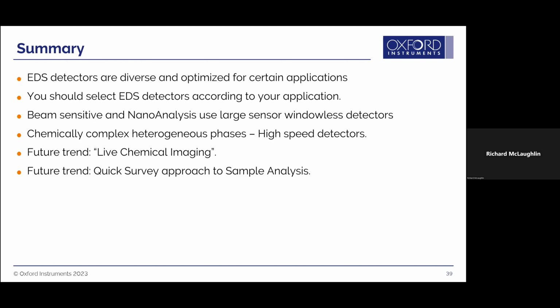For chemically complex heterogeneous phases, you should probably use something like a BEX detector, high throughput. And it seems that the future trend for EDS is going to be more towards live chemical imaging and more of a quick survey approach to sample analysis. So that's probably what you're going to be seeing more in the future.